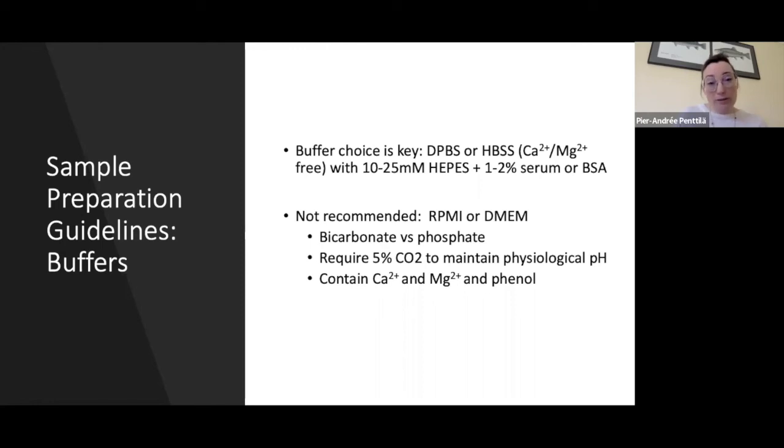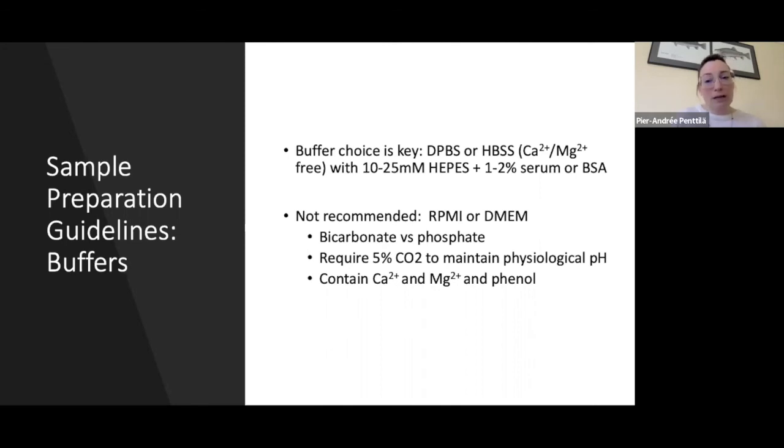What we don't recommend actually is RPMI or DMEM, and they don't make the best candidates for sample sort buffers or sort collection buffers, since first, they are a different buffer type than the cytometer's sheath fluid, so bicarbonate versus phosphate, and by design require 5% CO2 to maintain physiological pH, and usually contain divalent cations and phenol, which is very, very fluorescent and contributes to additional autofluorescence, thereby reducing a bit of your resolution.